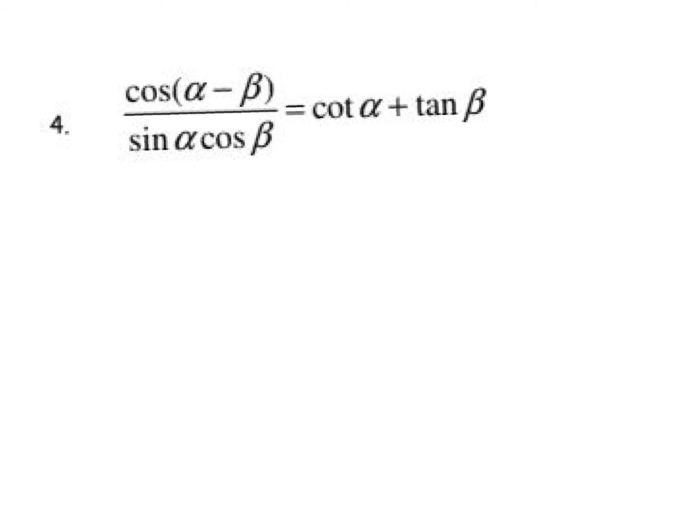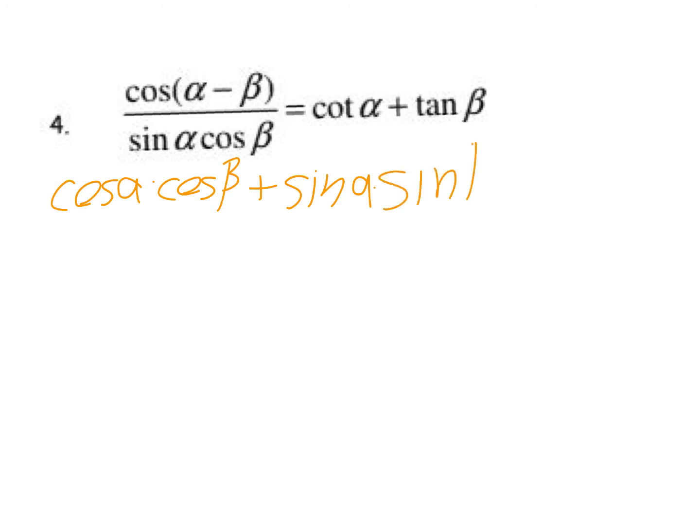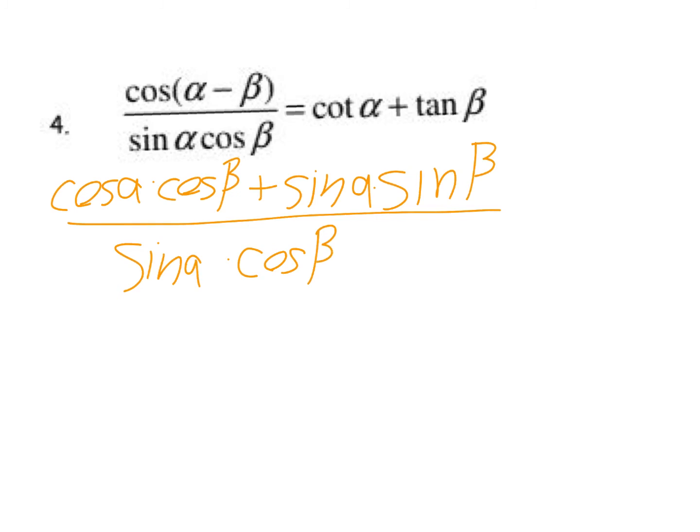The sum and difference of cosine for the numerator says that the cosine of alpha minus beta is going to be equal to the cosine of alpha times the cosine of beta plus, because we're going to swap the signs, the sine of alpha times the sine of beta. In our denominator, the denominator stays as what's given there, the sine of alpha times the cosine of beta.